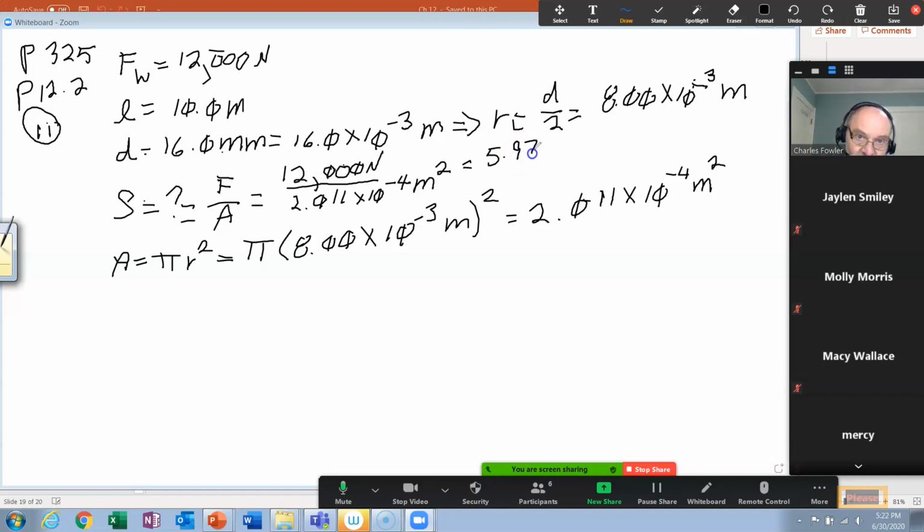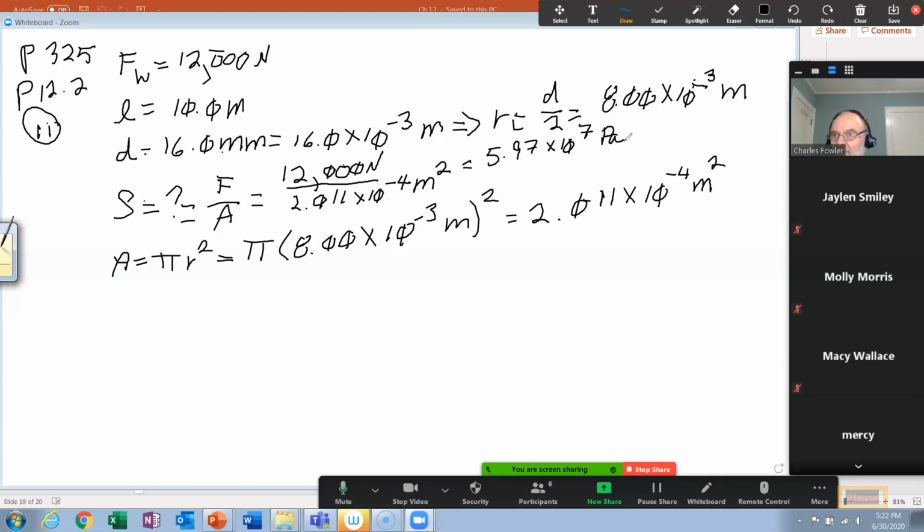It was a 6, but the number to the right of the 6 is a 7, so that rounds it up to there, times 10 to the positive 7th, and the unit here is newtons per square meter. That has its own name, and that's a Pascal. Okay, now that's a terribly large number.